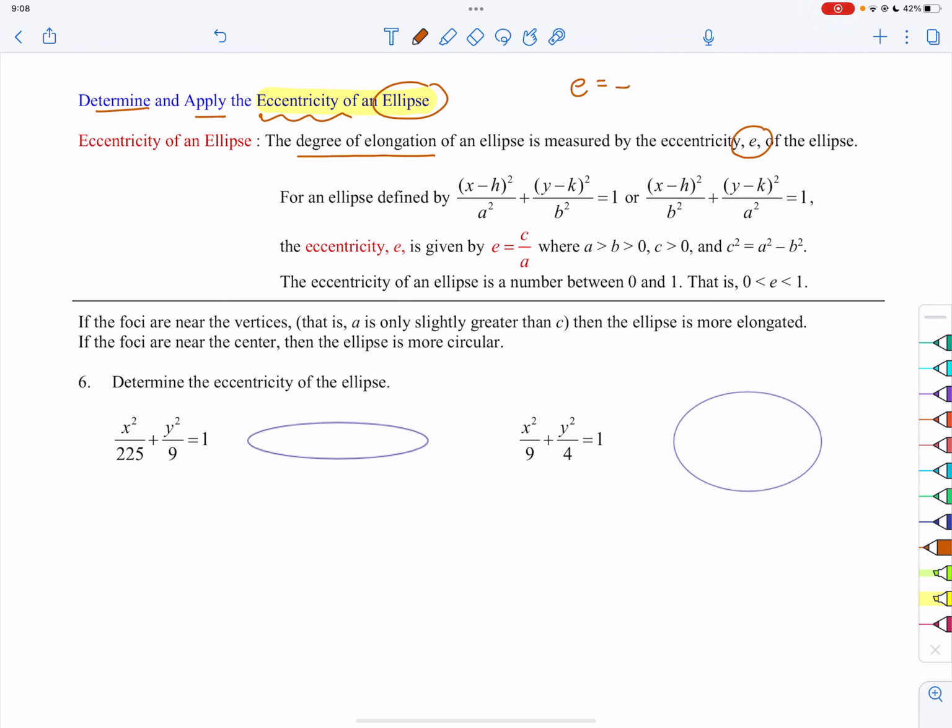So E is the eccentricity of the ellipse.